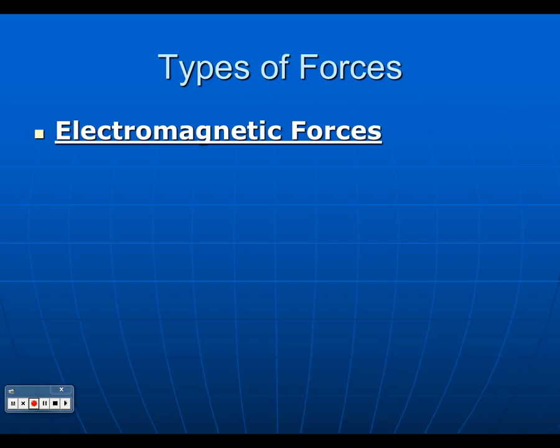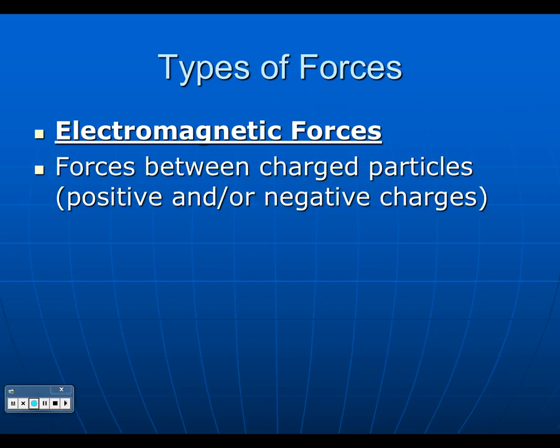We have discussed an electromagnetic force before. Electromagnetic forces exist between what? Charged particles, right? And those charged particles come from protons and electrons, right? So the forces between charged particles, positive and negative charges, or protons and electrons.